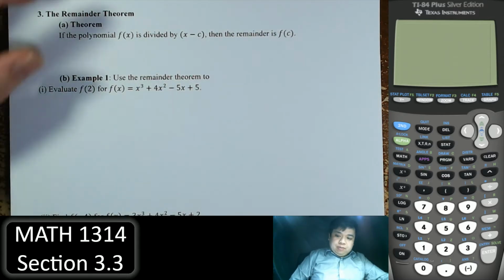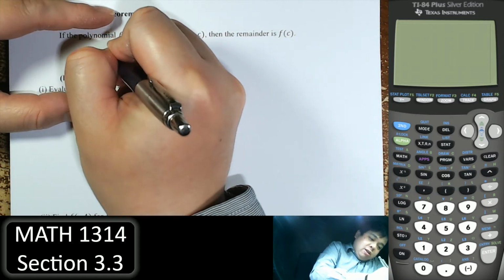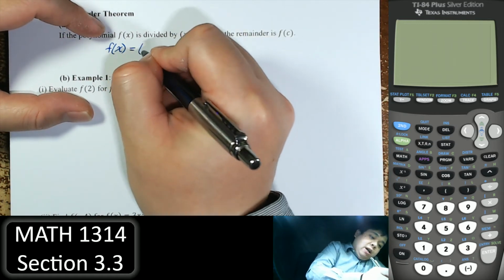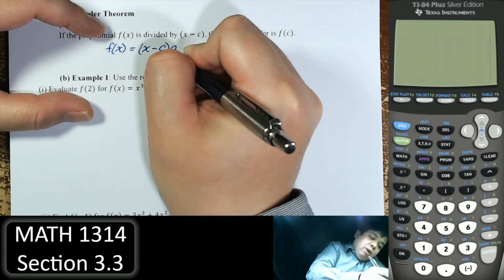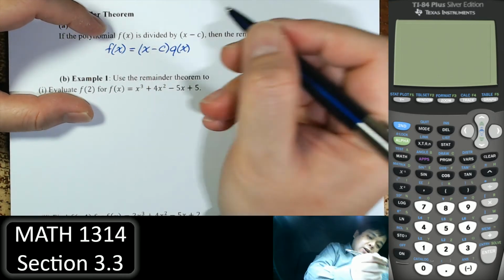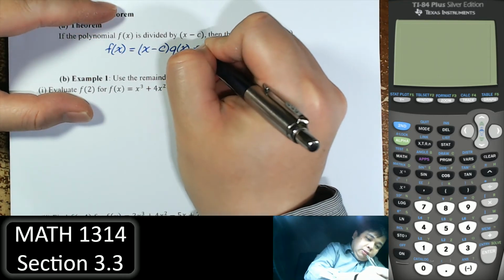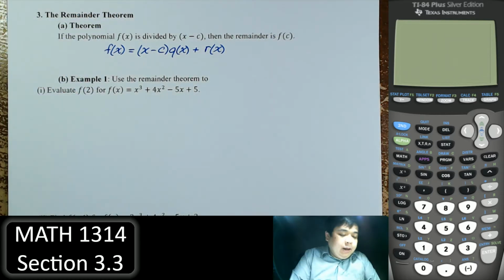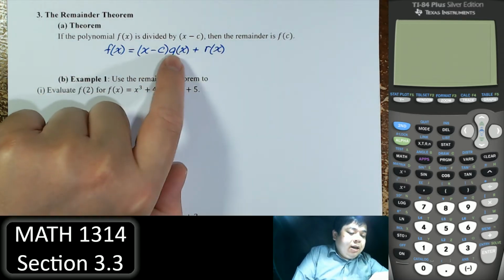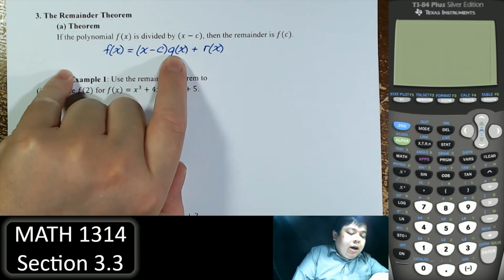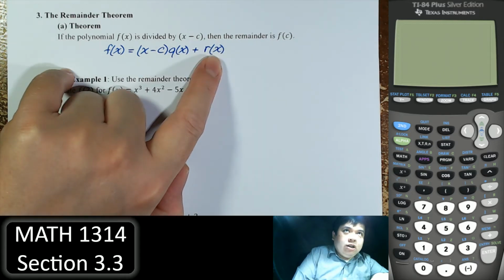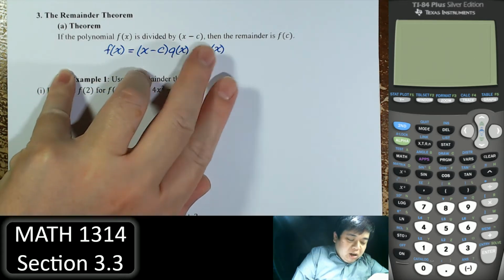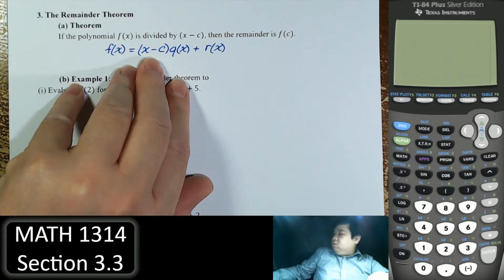So think about this. I would just write out the division algorithm. Now, since the quotient always has a higher degree than the remainder, the remainder has a lower degree than the divisor.